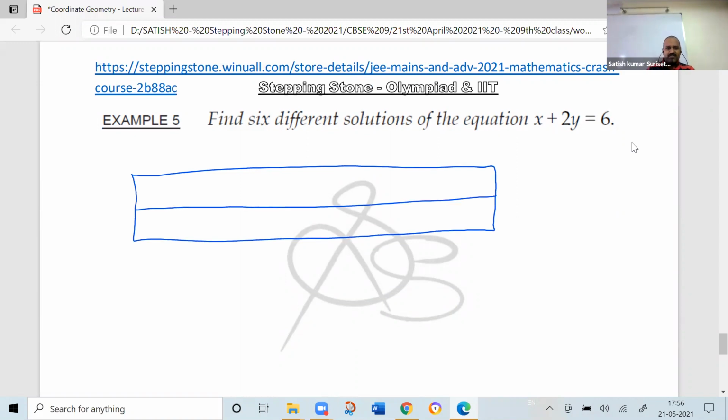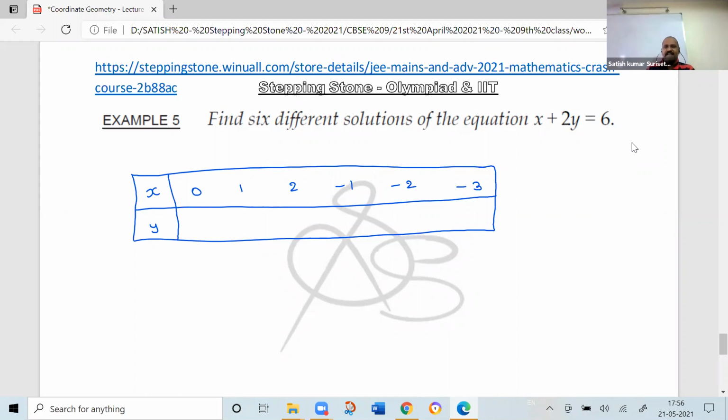Which variable do you want to fix, x or y? I will take x. Let us write x and calculate y. Let us fix 0, 1, 2, minus 1, minus 2, minus 3 and calculate the y values. It is not necessary that you take these values only. You can take any values.